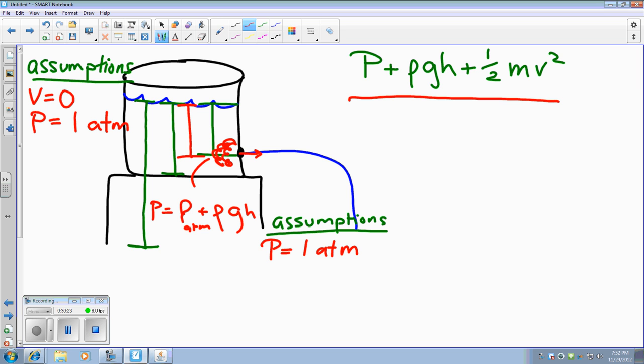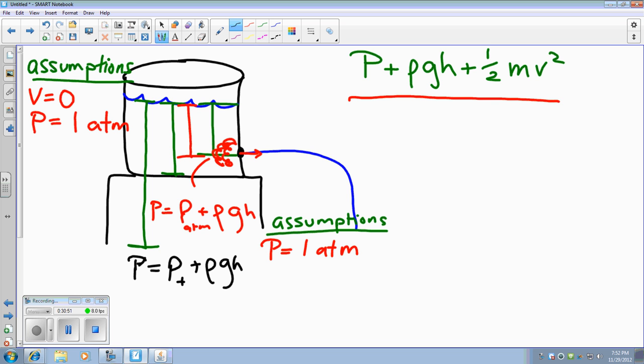Now, some of you may be saying, wait, can't I just use the gauge pressure here? No, you can't, because the gauge pressure gives you a change in pressure, and in this situation we want to know what the pressure is at that value. So you'd already have the atmospheric pressure plus the pressure at that height or depth.